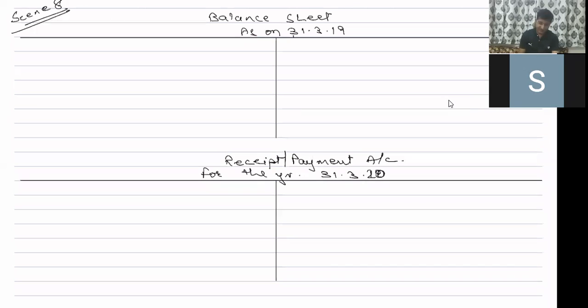In my balance sheet 31st March 2019, I've been given pre-received subscription of 10,000, and I've also been given subscription receivable, say 15,000, right?